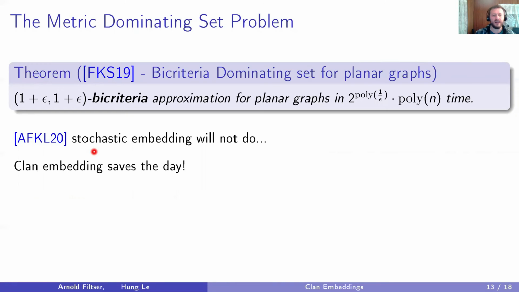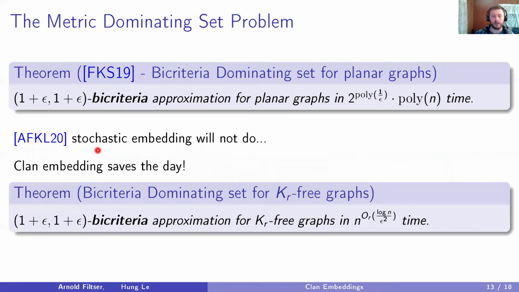And fortunately, cloud embeddings save the day. And specifically, you can know that cloud embeddings are enough because now you can just embed and it's enough to dominate the image of the set A, and you are guaranteed that indeed some good dominating set will exist because the image of the original dominating set will now be a dominating set. Okay?